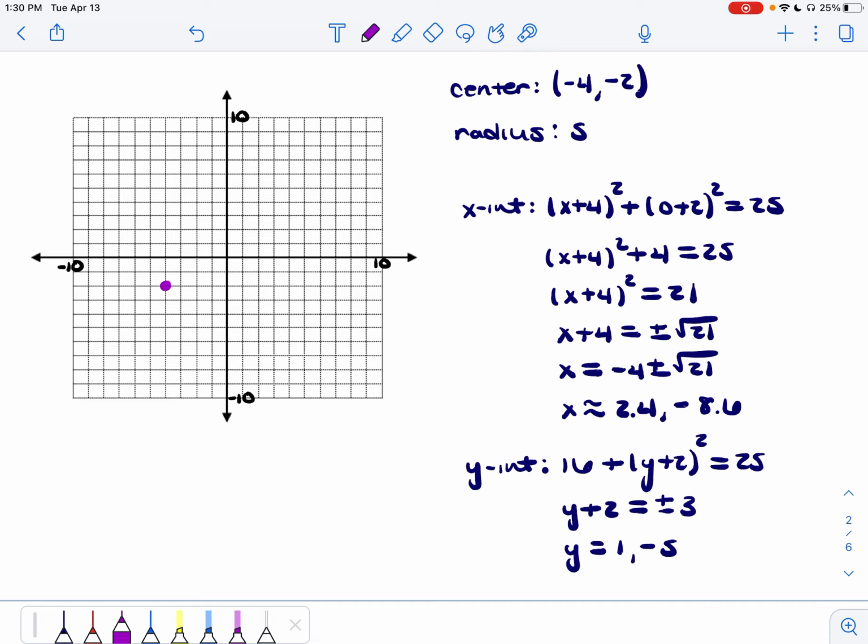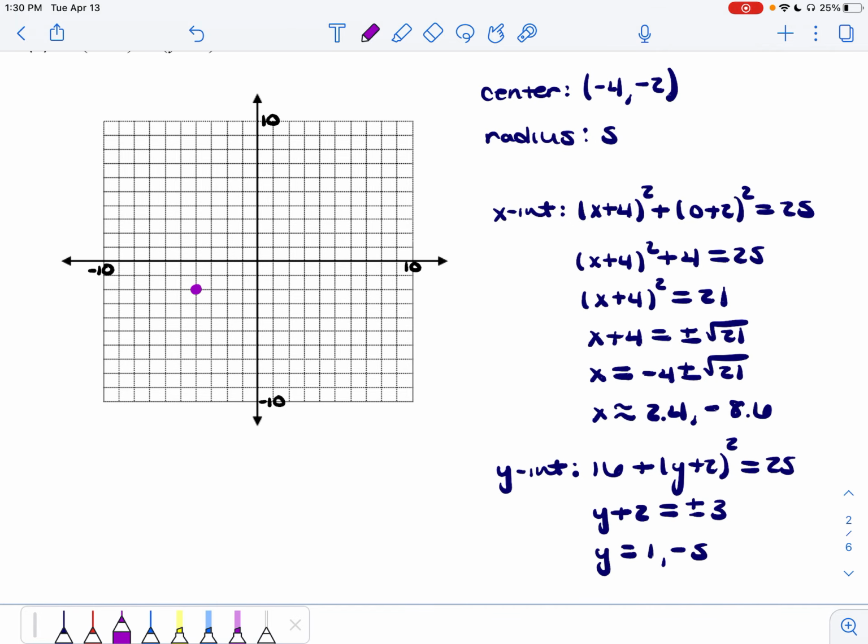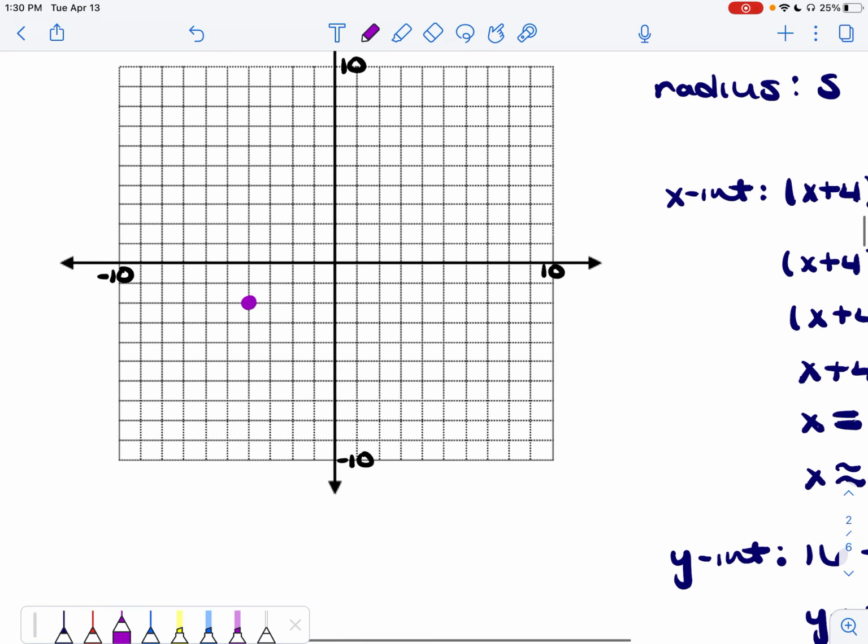It's right around here. And we said we have a radius of 5 on this one. So with a radius of 5, we can basically just count 5 units out and plot some points. So from our center, we can go 5 units up, 1, 2, 3, 4, 5, and we would get a point right here at negative 4, 3.